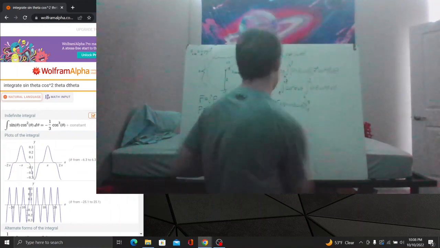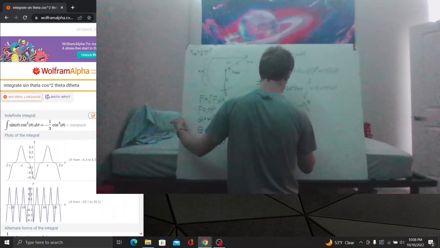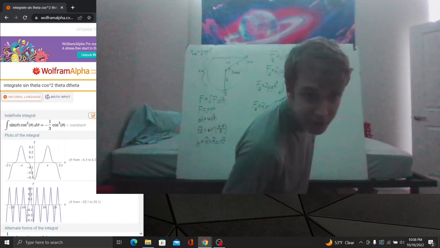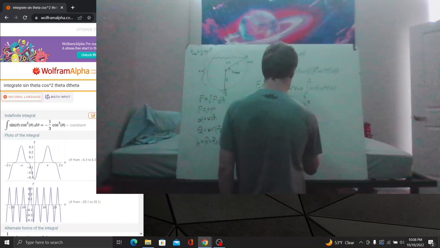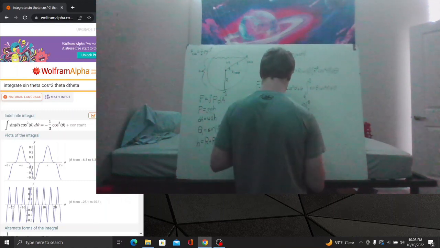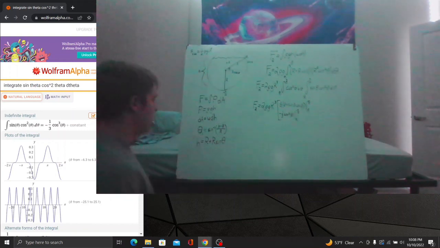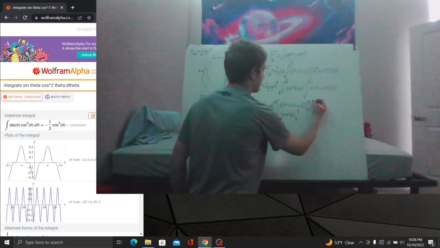So it looks like this one's actually simpler: negative 1/3 cosine cubed theta, evaluated from theta 1 to negative pi over 2. And I'm going to finish this off here.